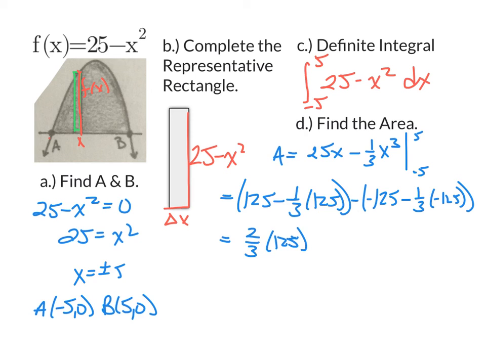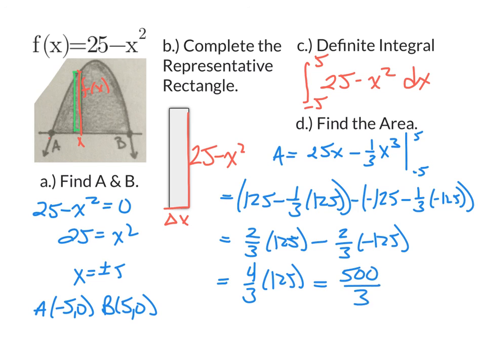Then I'll subtract negative 125 minus 1/3 of negative 125, which is 2/3 of negative 125, so subtracting that would obviously be adding. So 2/3 plus 2/3 is 4/3 of 125, which turns into 500 thirds as the area under the parabola.